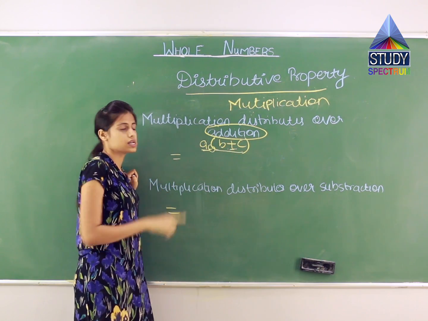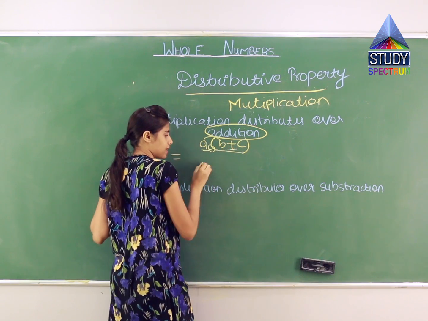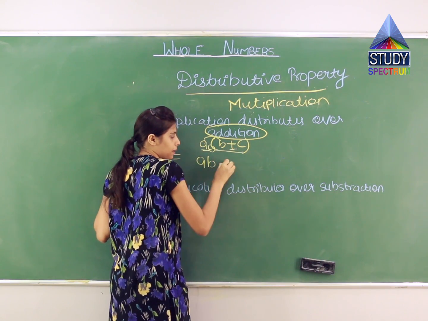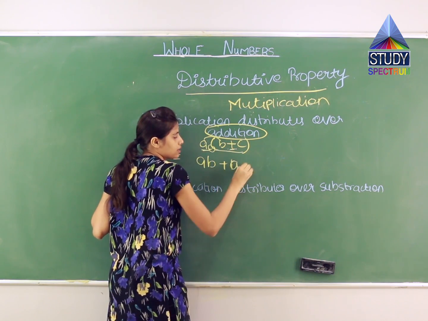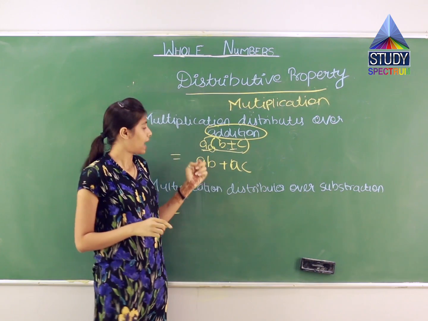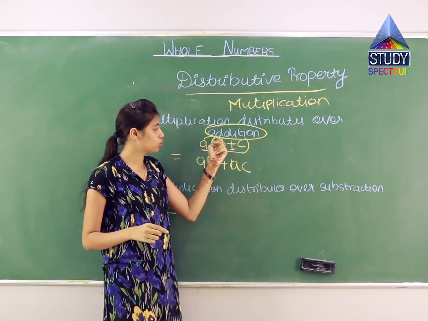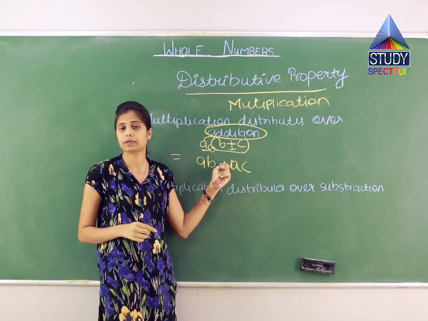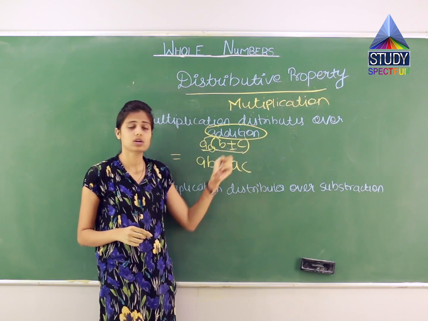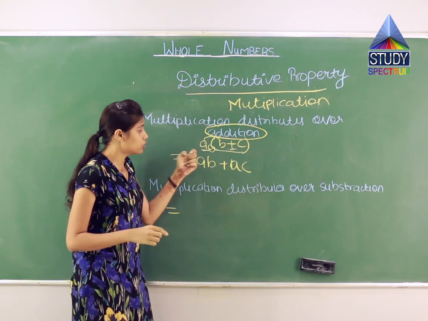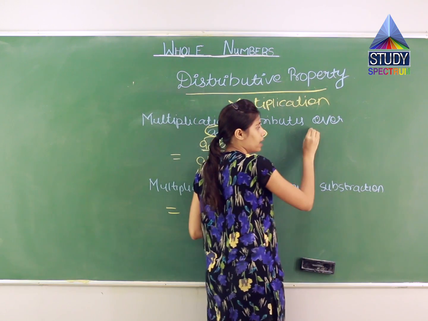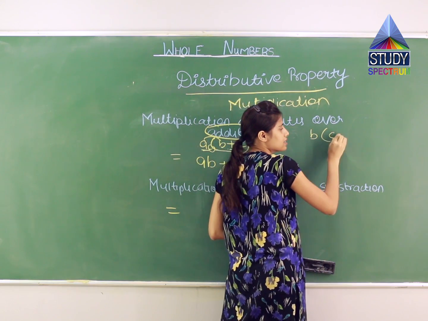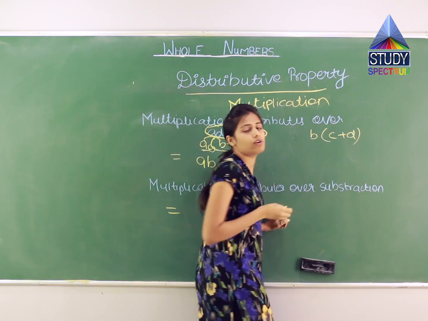How to solve this? It is distributed like this. A, B plus A, C. What have I done? I have distributed this A to B, with an addition sign in between. I have distributed this A to C also. Means what? जो common bracket के बाहर है, suppose B and in bracket C plus D. Then what will I do?